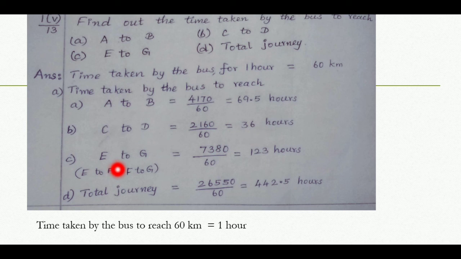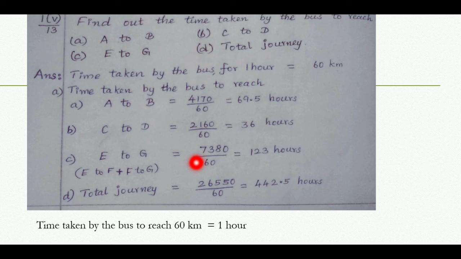The time taken by the bus to travel from E to G, E to F and F to G should be considered. You have to add the distance between E to F and F to G, add them together. The total distance is 7,380 kilometers. So we know that time taken by the bus to reach 60 kilometers is 1 hour.